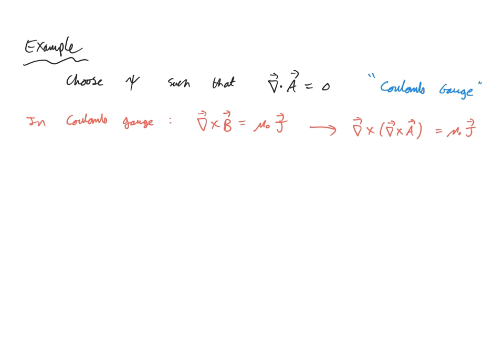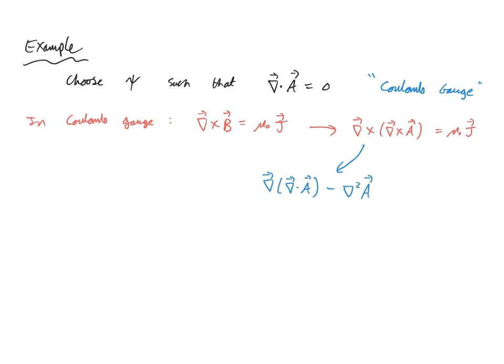And if you remember your vector calculus, you'll remember, or at least you'll know to look up, that this curl of the curl can be written in an alternative form as the gradient of the divergence minus the Laplacian.